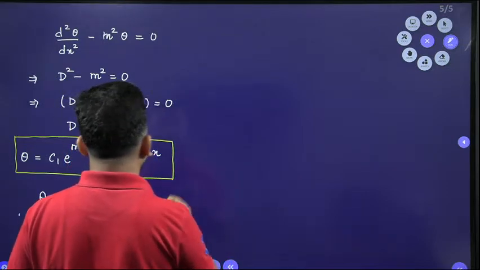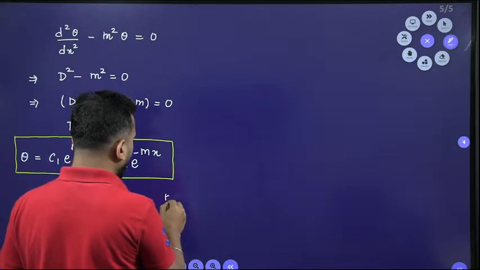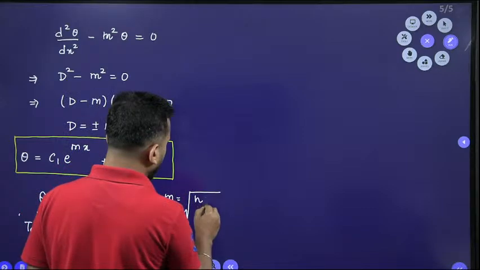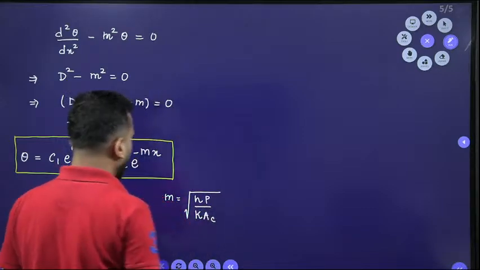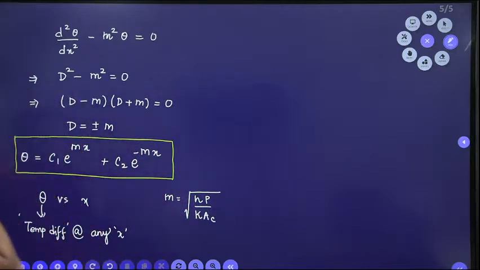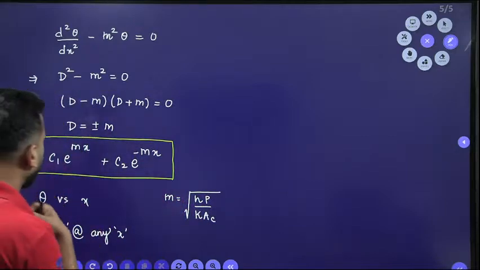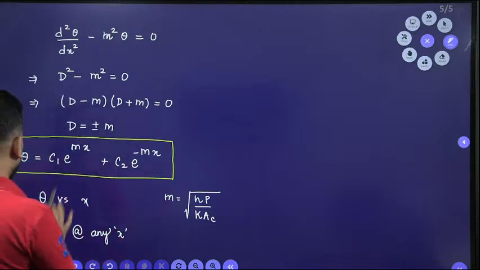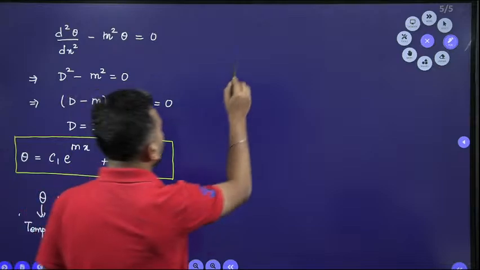Okay, what is m by the way? If I ask you what is m, m is root over hp by kac. Okay. One more thing.